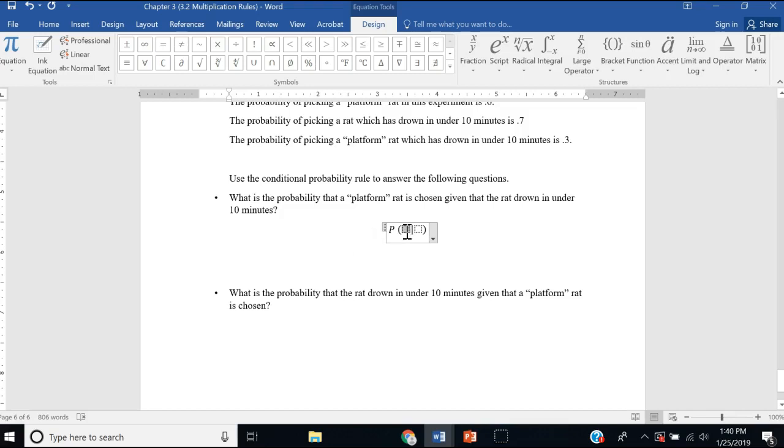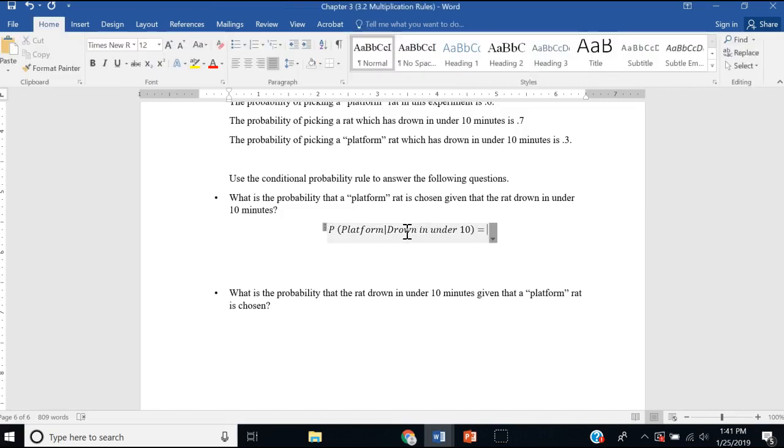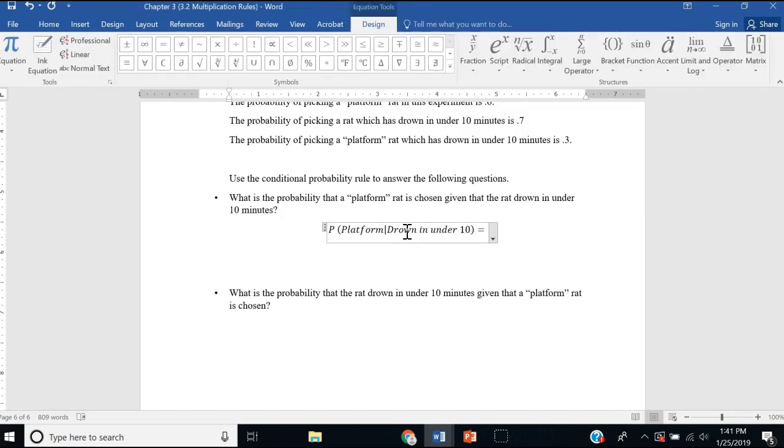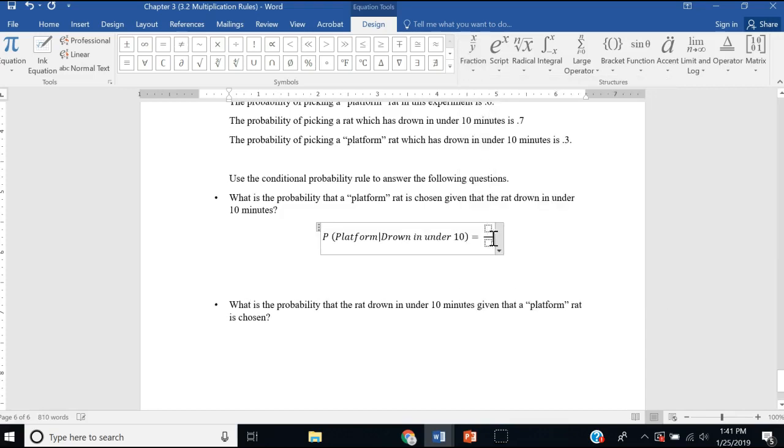Now, what does the general rule say? The general rule says that what goes on top, the top part of the fraction, is those rats with both traits: platform and drown in under 10 minutes. I'm just going to simplify that in that way.